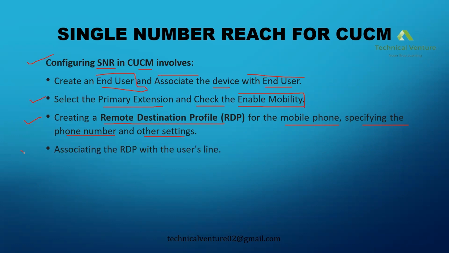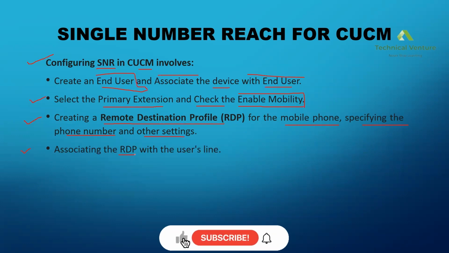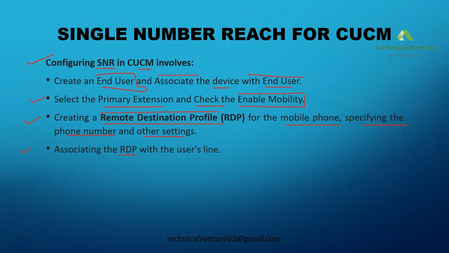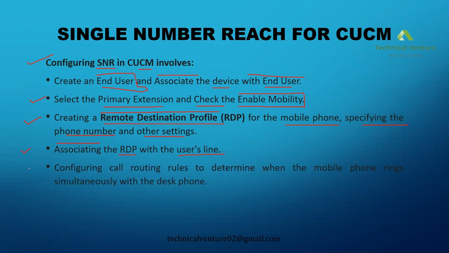Then what we need to do is associate that particular RDP, that means remote destination profile, with the user's line, right? Because we need to add a new directory number on that particular remote destination profile. And then we need to associate the RDP with the user's line. Then we need to configure call routing rules to determine when the mobile phone rings simultaneously with the desk phone.